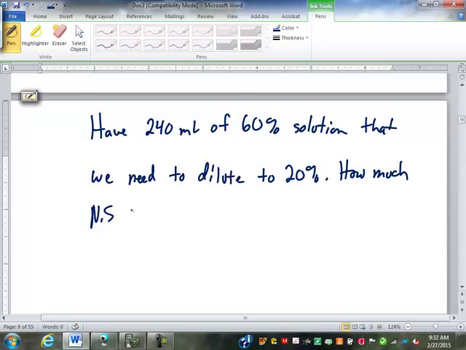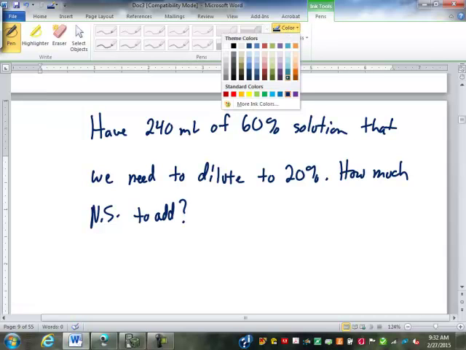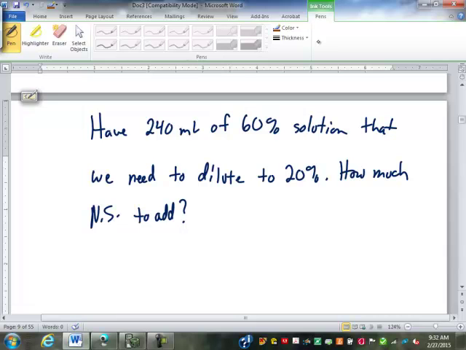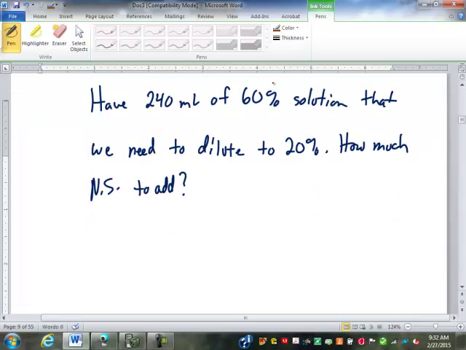How much of neutral solution or how much sterile water do we need to add? Where are we going to start?